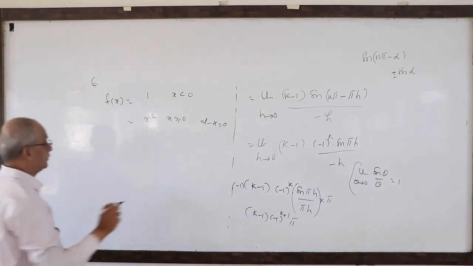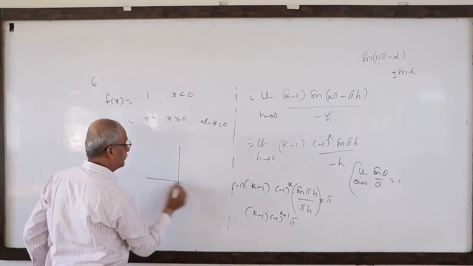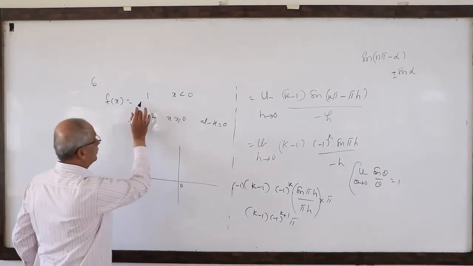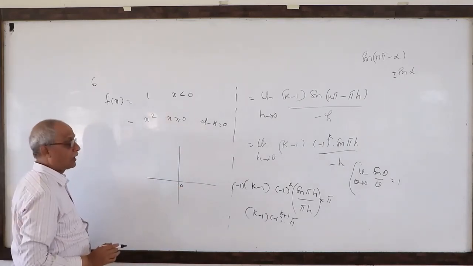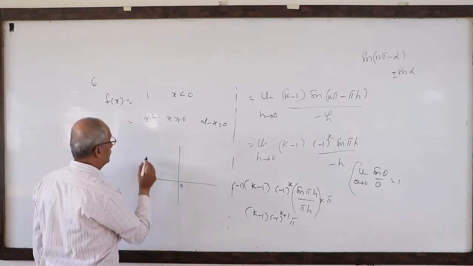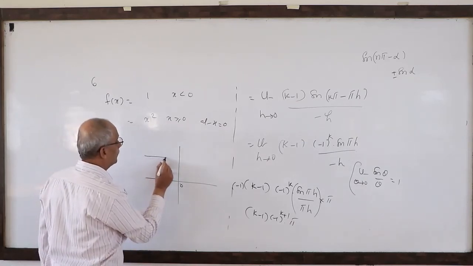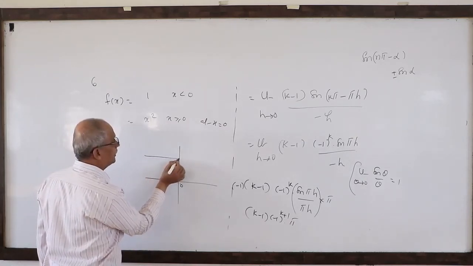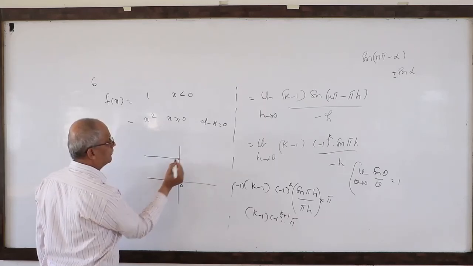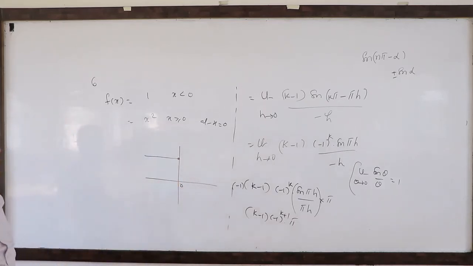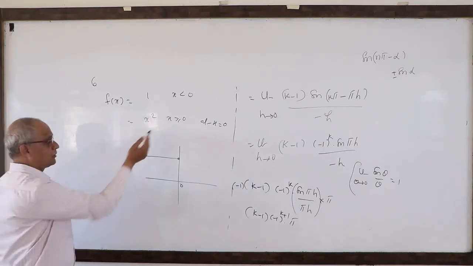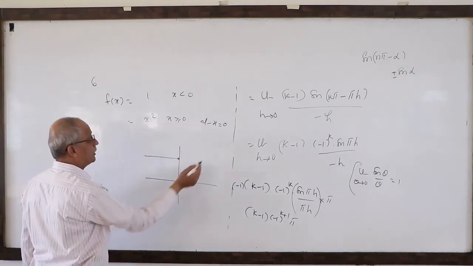See, when x is negative, y equal to 1 is a line parallel to x axis like this. It will not meet the y axis, 0 is not there. After the positive zero, y equal to x square.